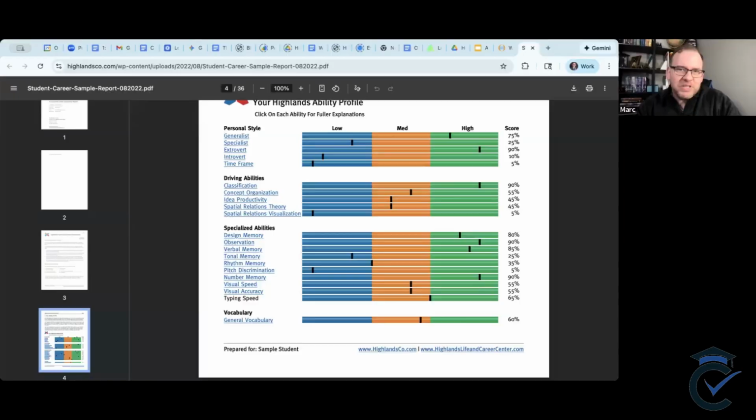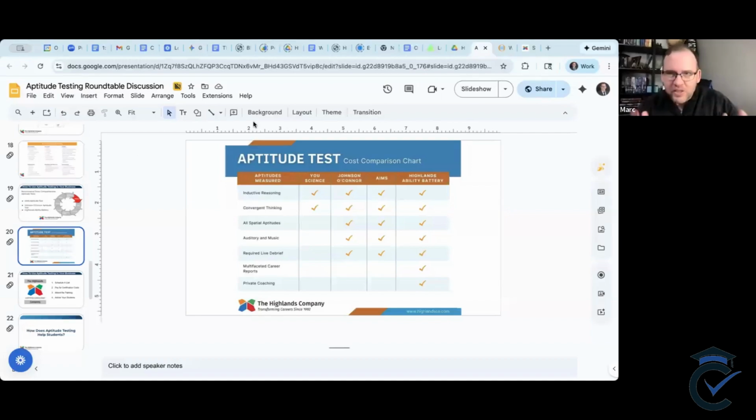Okay, so here are the different aptitude assessments that I would say are worth using. I am a consultant for the Highlands Ability Battery. I'm also their rep for college counselors. Full disclosure, this isn't sponsored or whatever.